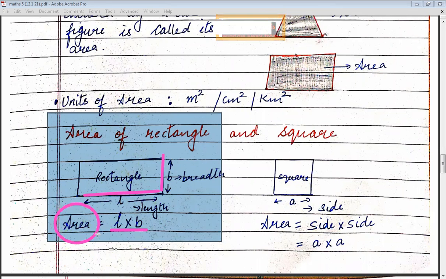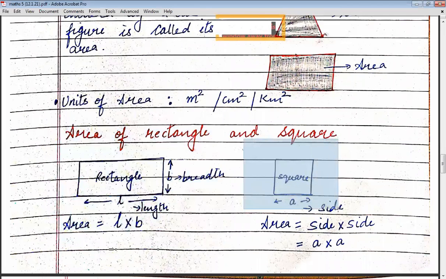Okay, so now let us discuss our area of square. Now children, look at the figure. You know what is a square? In square, all the sides are equal. Suppose one side is A, then all other sides are also A. So now what is the area of the square?